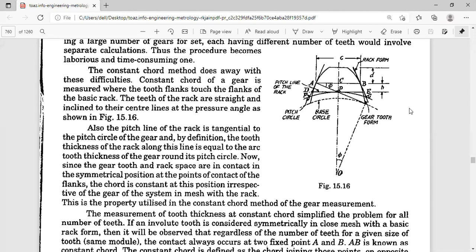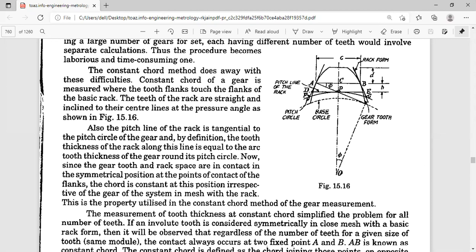At this position, irrespective of the gear of the system, whether it has a similar tooth or a different type of tooth, or different pitches, we are considering this position particularly, irrespective of whether it is in mesh with the rack or not.